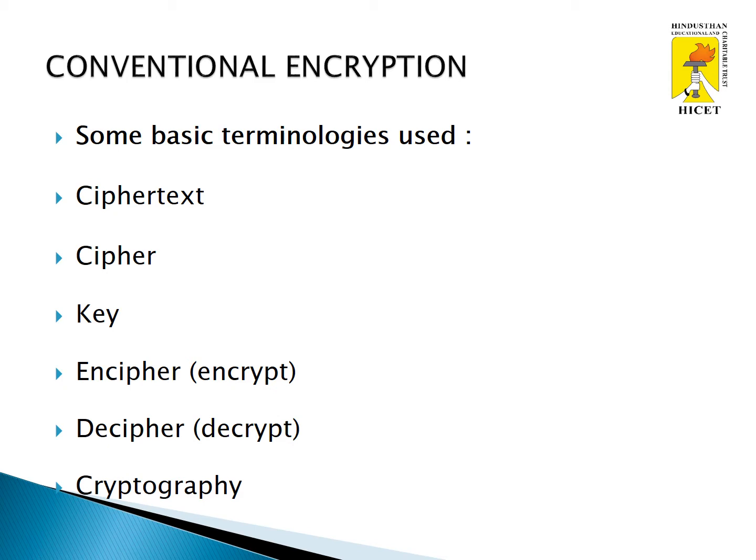Next, encryption or encryption algorithm. The encryption algorithm is used to convert the plain text into ciphertext. Next, decipher or decryption algorithm. The decryption algorithm is used to decrypt the ciphertext into plain text. Then the last one is cryptography. Cryptography is the study of encryption principles and methods.